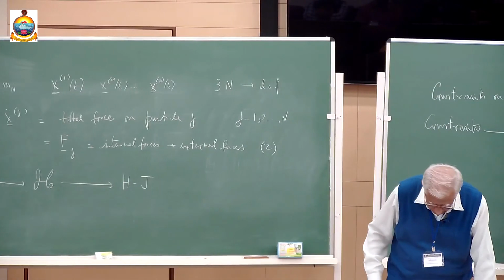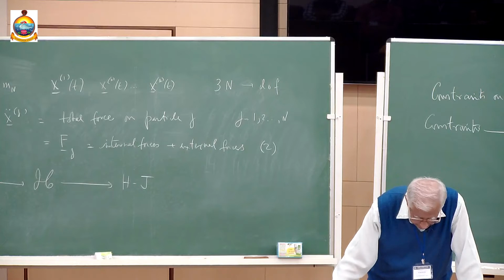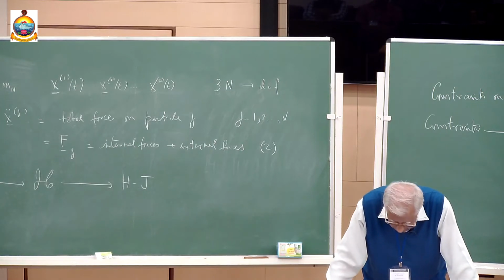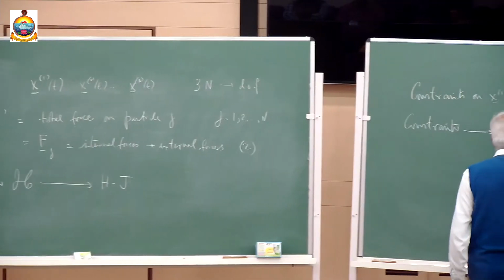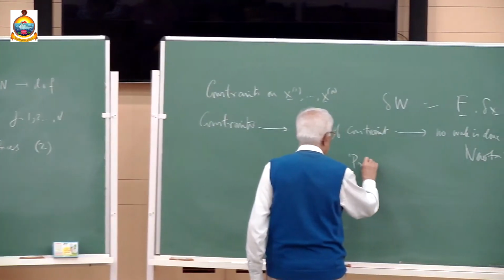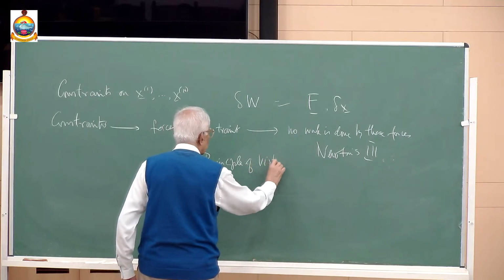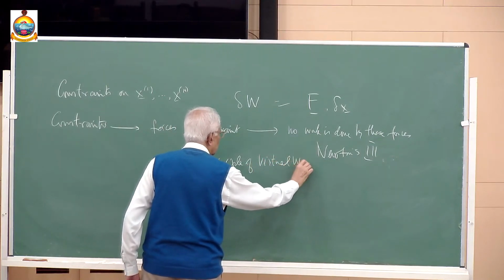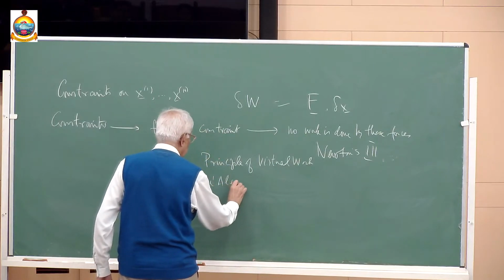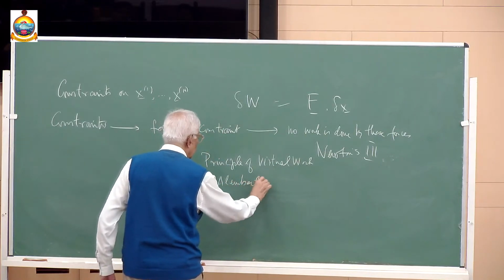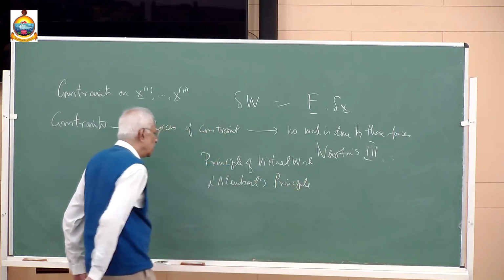Now, again I refer you to the Sommerfeld book. There are some important principles which were enunciated in the 18th century. Principle of virtual work, and then a more comprehensive principle called the D'Alembert principle.